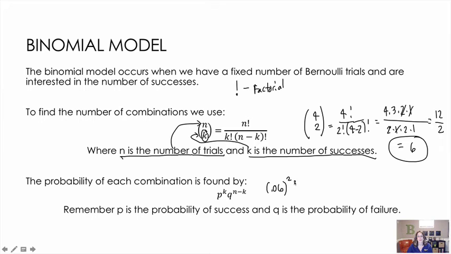And then q, which is the probability of failure, to the n minus k. Well, n is 4, k is 2, 4 minus 2 is 2. Now, this just means 2 successes, 2 failures, and again, we've got that 6, and so really it's going to be 6 times all of that, which is exactly what we did on the last page.